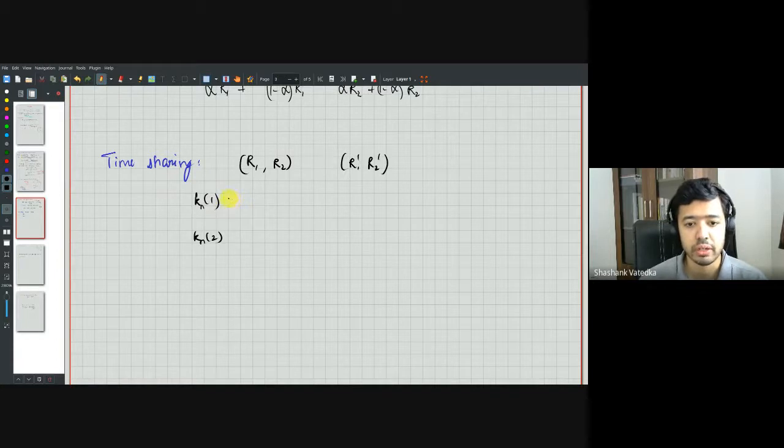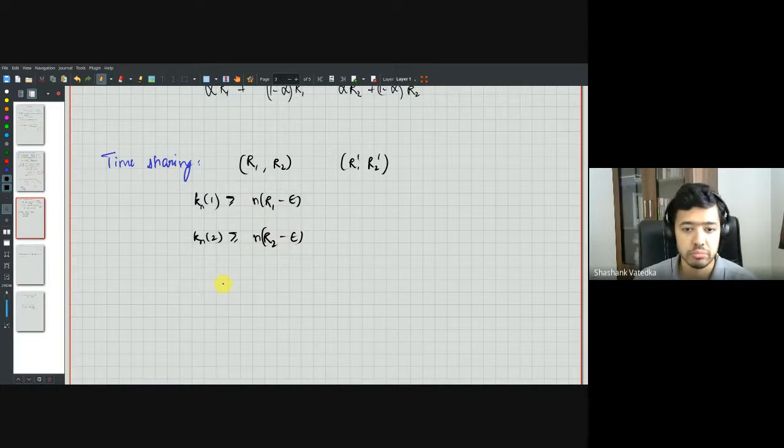Let me get it a bit more formal. Kn of 1 is at least n times R1 minus epsilon, and kn of 2 is at least n times R2 minus epsilon. So fix any epsilon, you know that you can at least transmit these many bits in n uses, and this holds for all sufficiently large n.